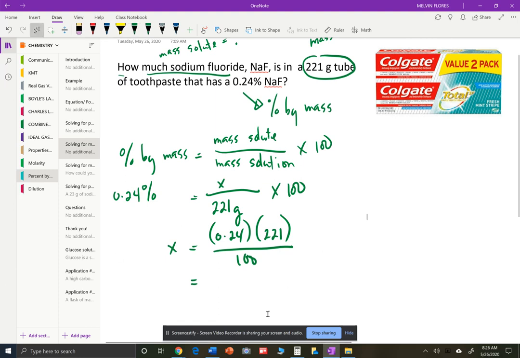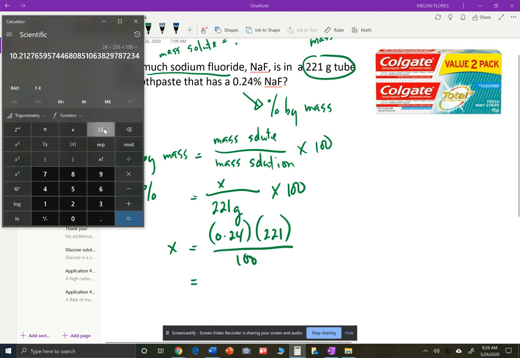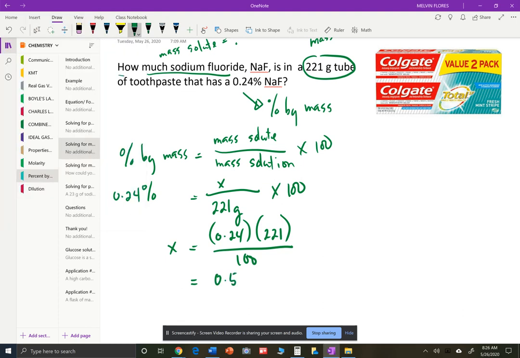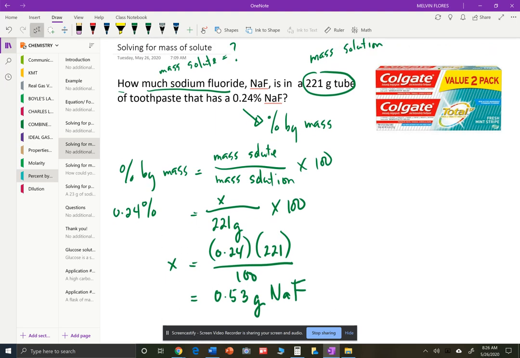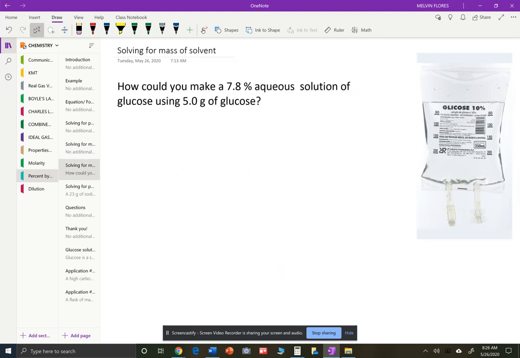So 0.24 times 221 divided by 100 should give you 0.53 grams of solute, which is sodium fluoride, NaF. So this is how you calculate the mass of solute. And then let's go for calculating the mass of solvent.